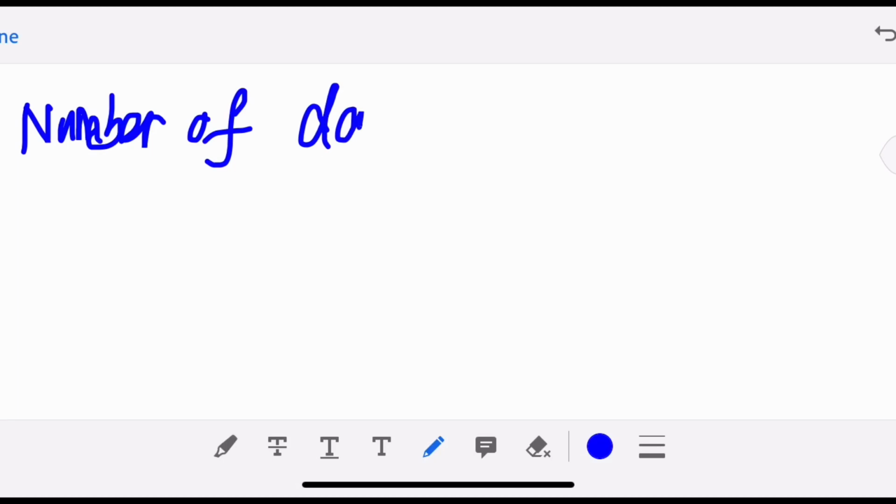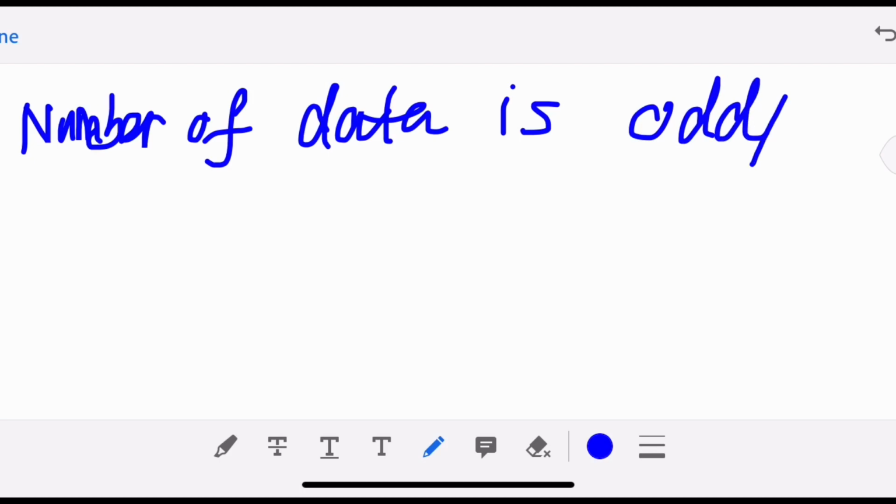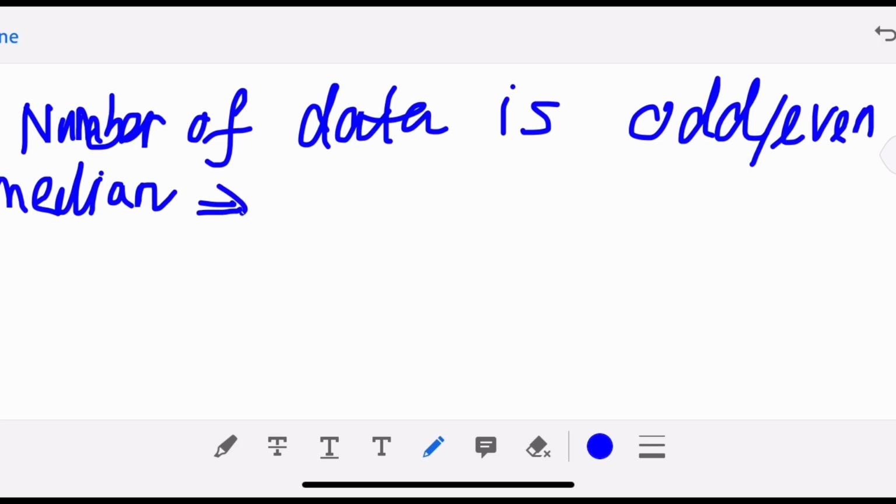Let's say the number of data is odd first, for example 3 or 5 or 9. Odd or even will produce a different way of finding the median. So let's say it is odd.